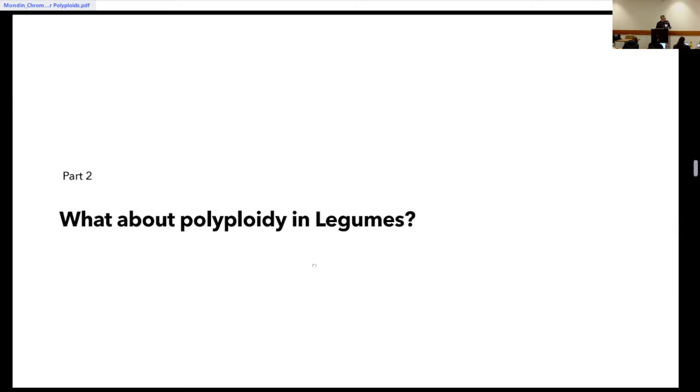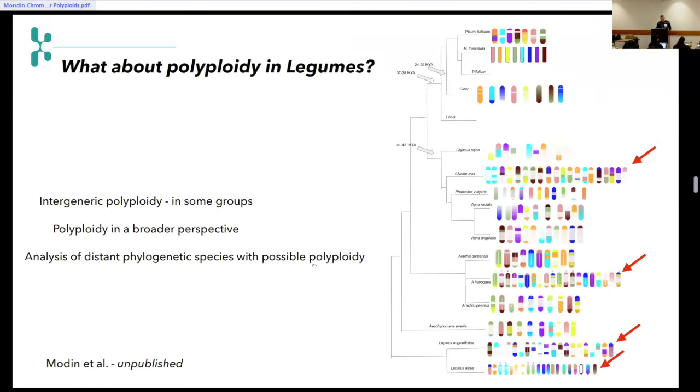And then what about the polyploids in legumes? If you look at the phylogeny, most of the species we have been analyzing are real diploids. But at some points, we have some species with double the chromosomes, or sometimes more than double the chromosomes of most of the species.